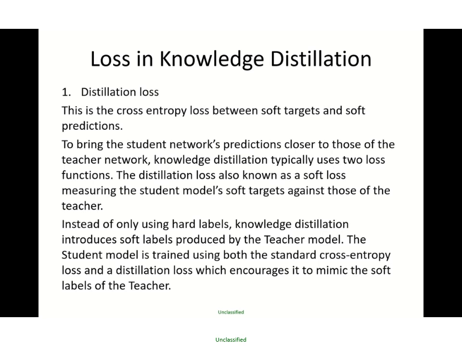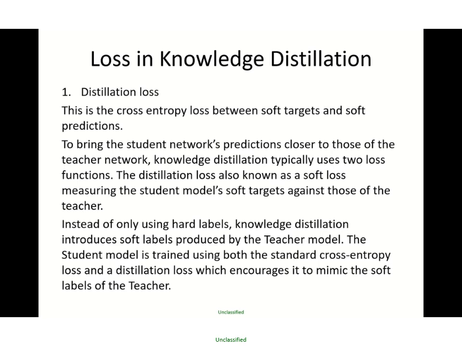Knowledge distillation comes with two core major loss parts, and these are the distillation loss and the student loss. The distillation loss is a cross entropy loss between soft targets and soft predictions.